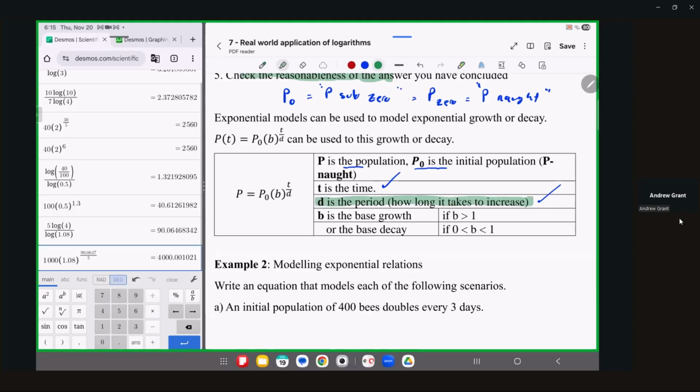There are other variations of this formula. So sometimes people might write this as M is equal to M naught times b to the power of t over d, and they use M to mean mass.